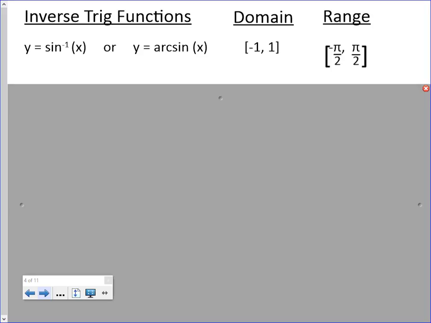So that might also be something that on this very first one you add into your notes. You are inputting the ratio, you get out the angle.